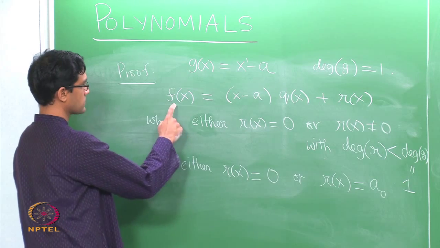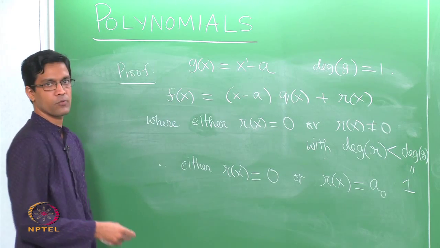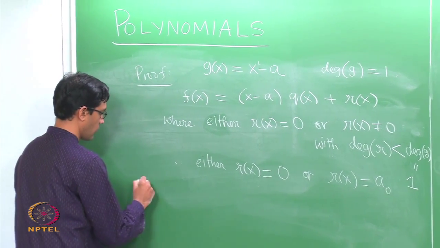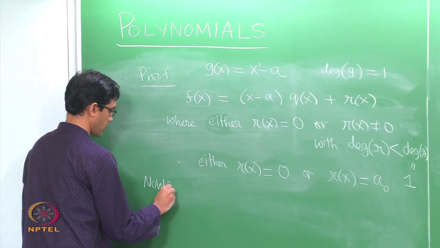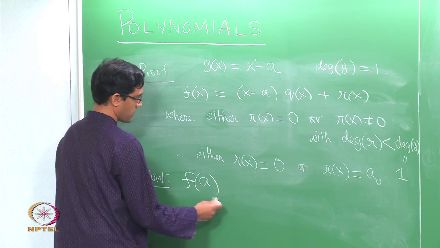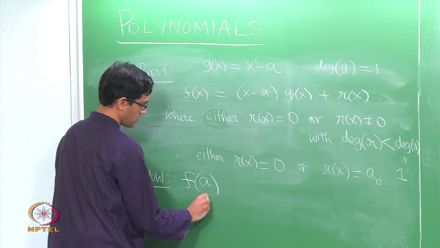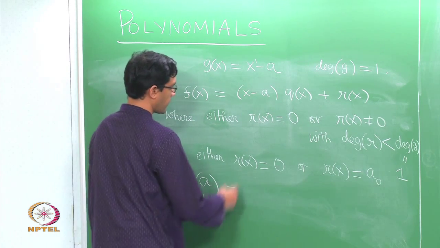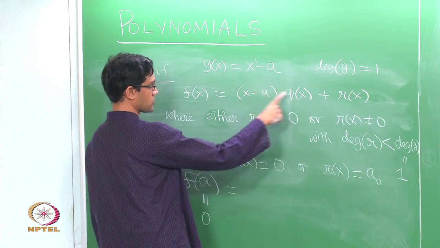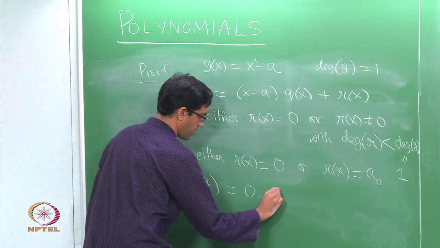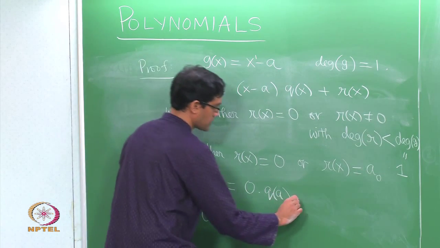Why? Because we have some fact about f. We know that if you plug in x equal to a, f becomes 0. So now observe that if I plug in x equal to a, the left hand side is f of a, which is 0, what is given about f, whereas the right hand side becomes the following. Of course this term becomes 0, so it becomes 0 times q of a, which is 0, plus r of a.